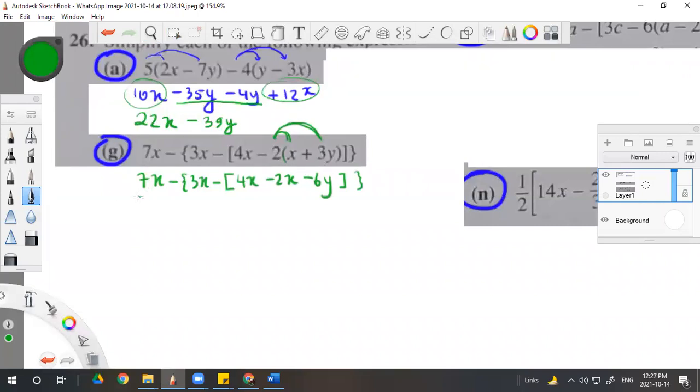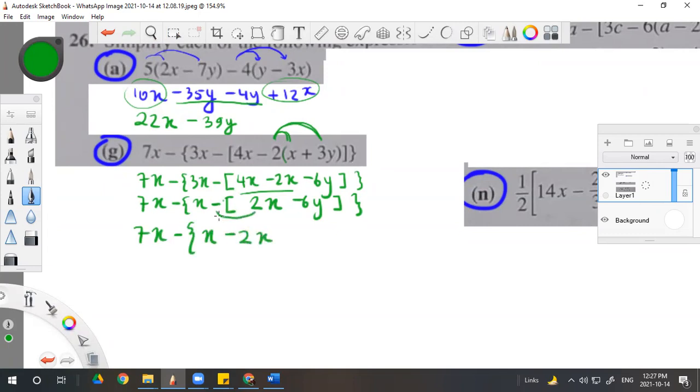Ya. So bagusin dulu sebelum kita beresin bracketnya. Oke. What is 4x minus 2x? Oh, ada nih like terms. Langsungnya 2x, 4 minus 2 kan? Minus 6y, tutup bracket. Terus minus ya, berarti if you do the minus, don't forget to put this. Minus 2x, rainbow lagi, minus minus plus 6y.